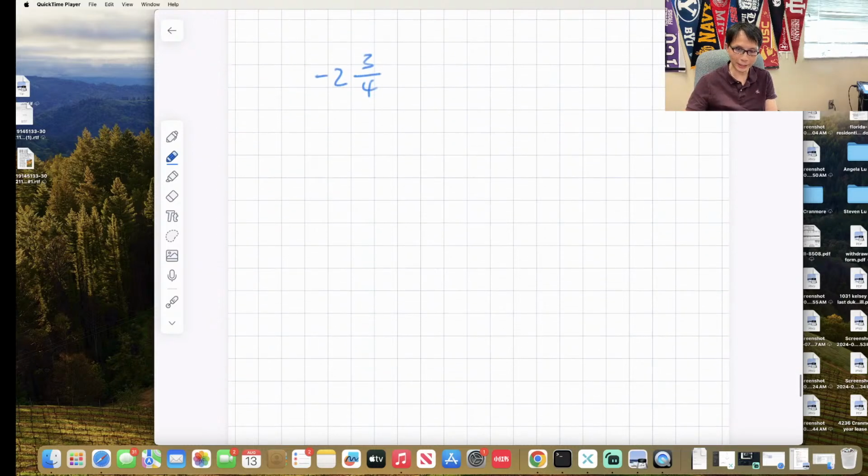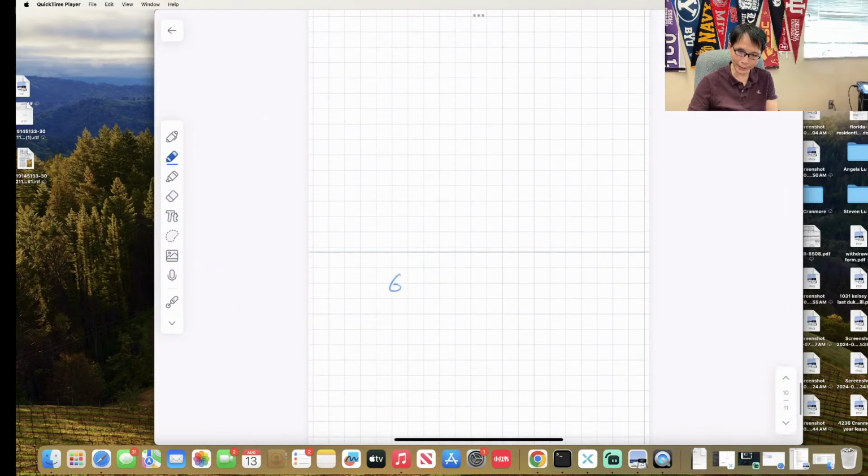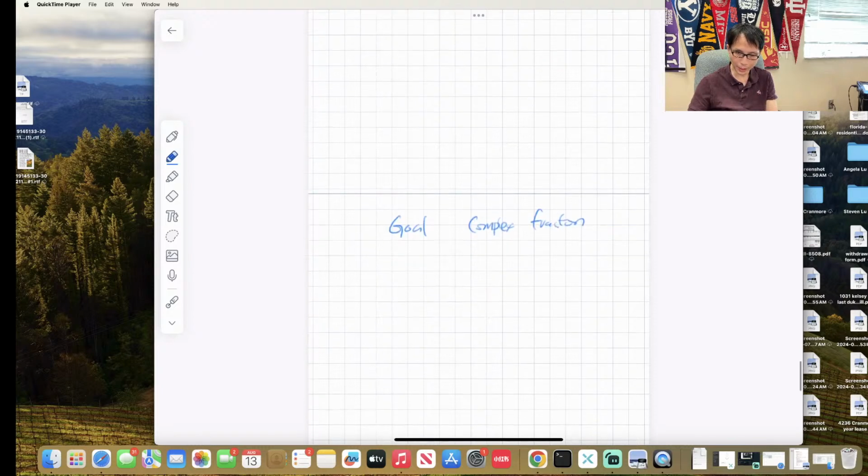Our final goal today, so our goal at the end of the day is complex fractions. What is a complex fraction? A complex fraction is like this: -2 and 2/3 minus 4 and 1/5, over 6 and 1/4 minus 3 and 2/5.